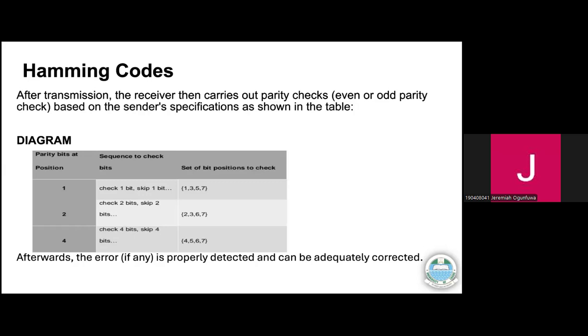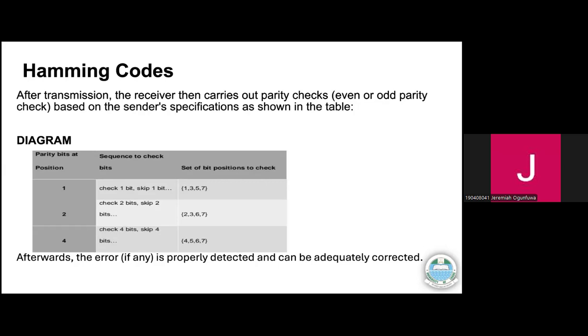So when we have 4 data bits that we're trying to transmit, the combination of the parity bits and the data bits will form 7 total bits, and that is referred to as the code word. Hamming developed a very efficient way of detecting the errors that may occur in transmission.